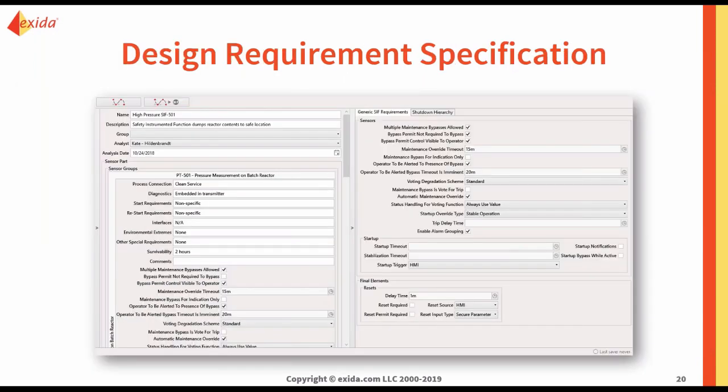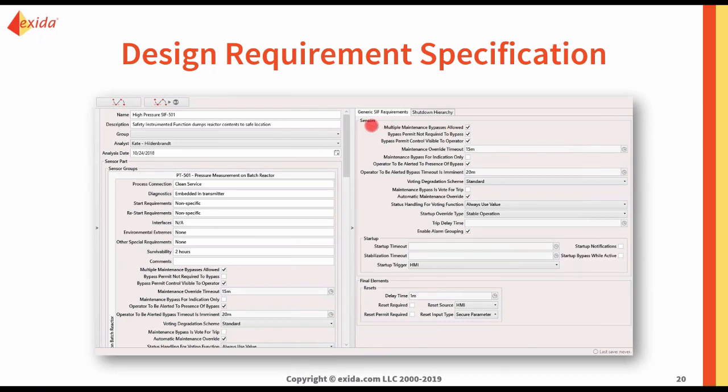Once you're done with your conceptual SIF design, we do have the design requirement specification, and this is going to address the requirements outlined in the standard that you have to communicate to your implementation team about your safety instrumented system. So on the right-hand side, we have general SIF requirements, and this is meant to be a bit of a time saver.